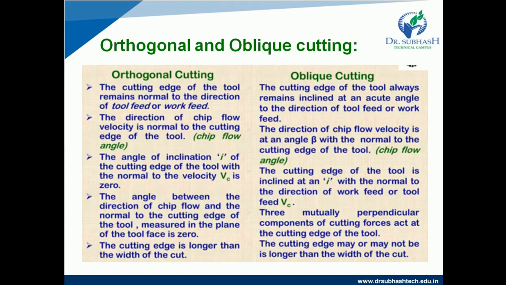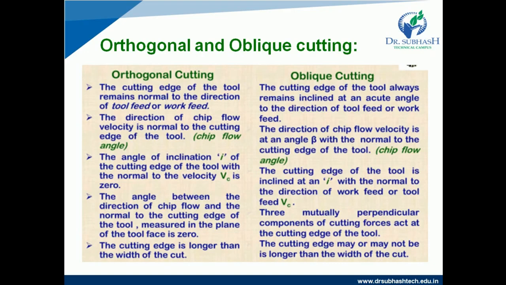In orthogonal cutting, the chip flows over the tool, while in oblique cutting, chips flow sideways. In orthogonal cutting, the shear force per unit area is high, which increases the heat developed per unit area, while in oblique cutting, the shear force per unit area is very low, which decreases the heat developed per unit area, hence increasing the tool life.